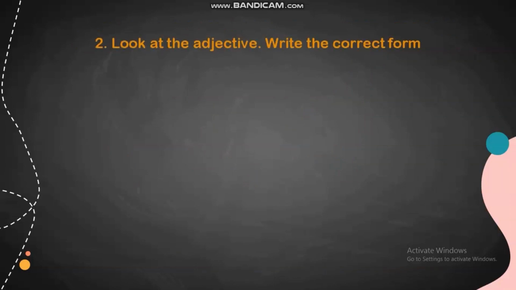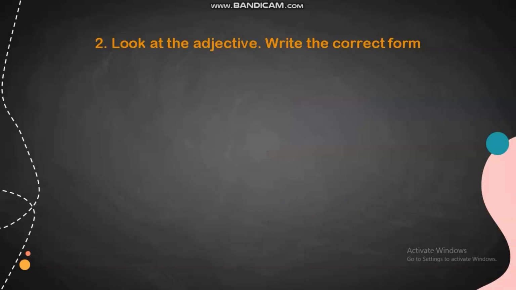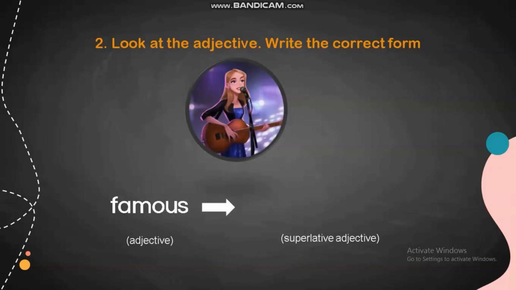Practice 2. Look at the adjective. Write the correct form. For example, high becomes the highest. Now it's your turn. The answer is the most famous.